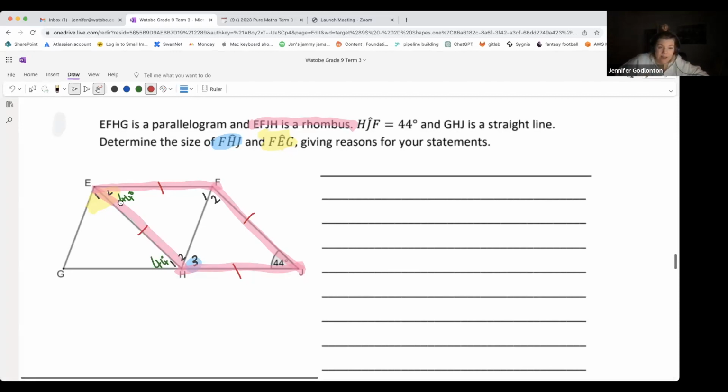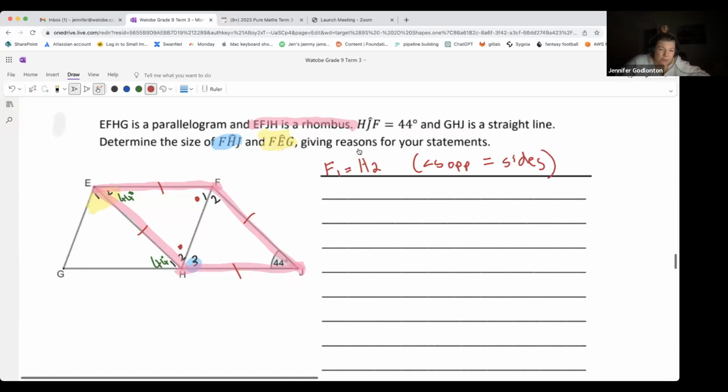Okay, so if we're looking at that triangle, if this is an isosceles triangle, we know that this angle and this angle are the same as each other. So we can say angle F1 is equal to angle H2 because of angles opposite equal sides.